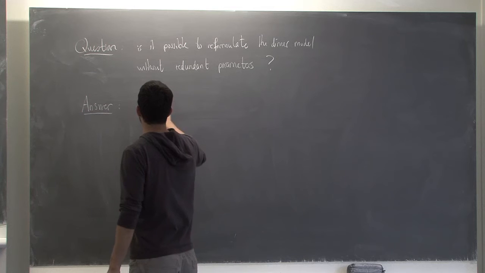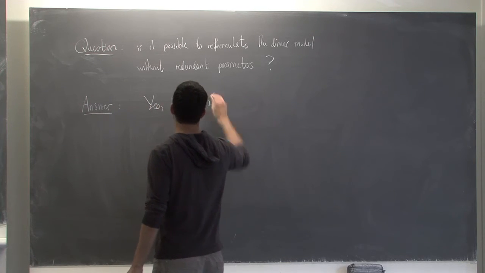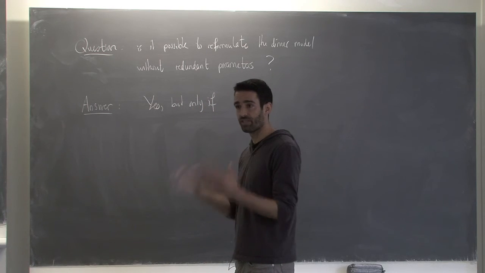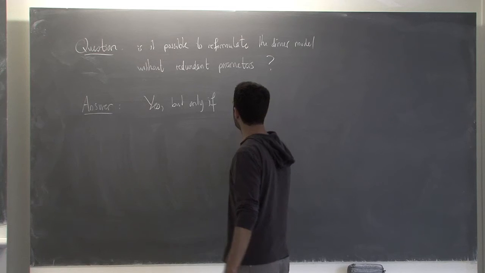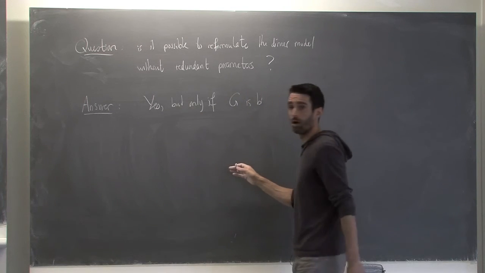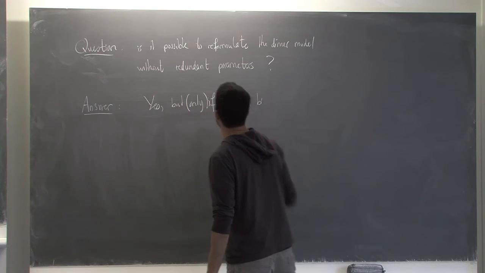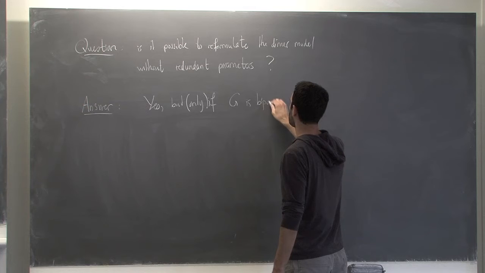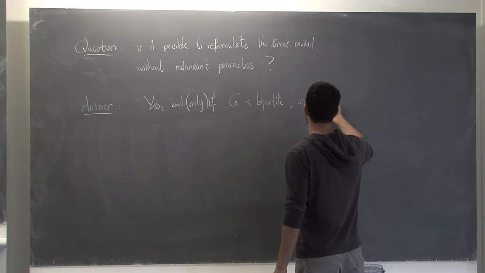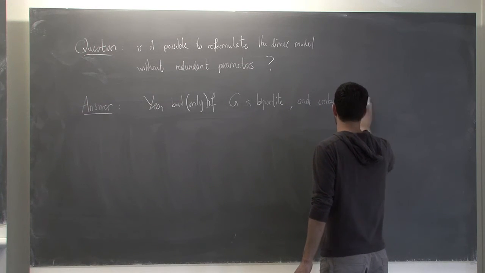So yes, it's possible, but only if G is bipartite, first thing, and the graph is embedded in a surface, again. Only if G, well, that I know of, that people know of, okay? But if G is bipartite and embeds in a surface, and let's say is embedded.